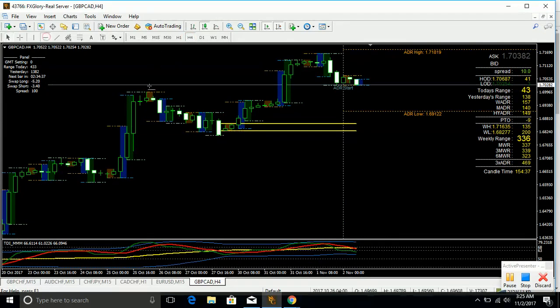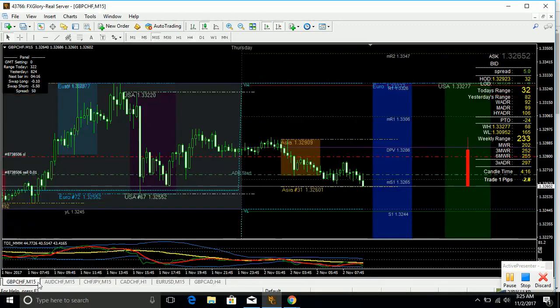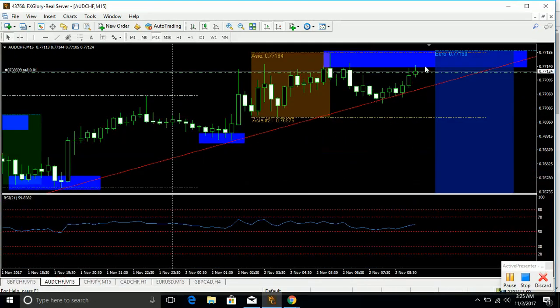It's gonna slow down to at least right in here. But nah, I wouldn't buy that. You check out the trades I posted on the Telegram: the sell on the pound CHF and the sell here on the Aussie CHF.